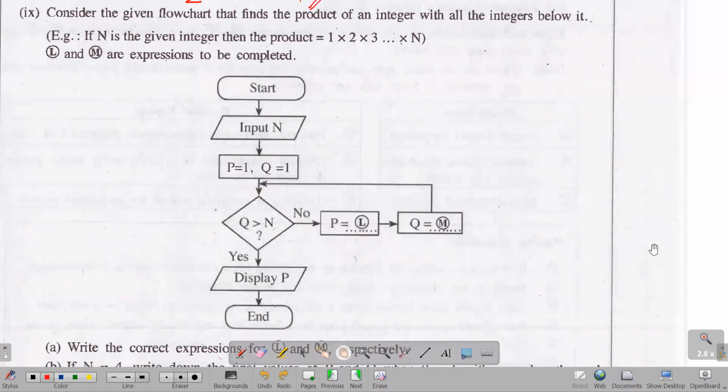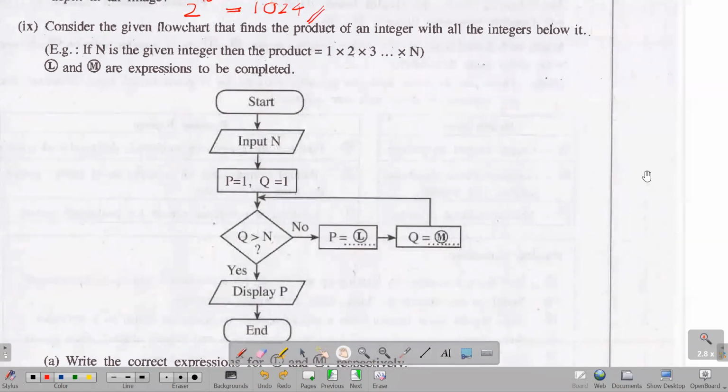Now, the algorithm is to calculate what? N is the user provided number.